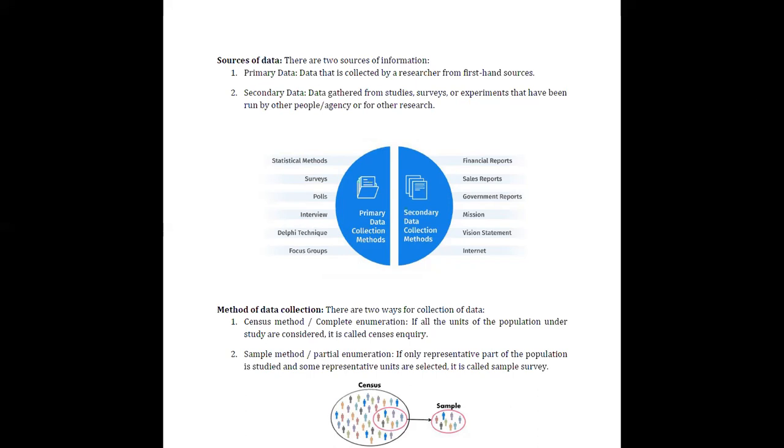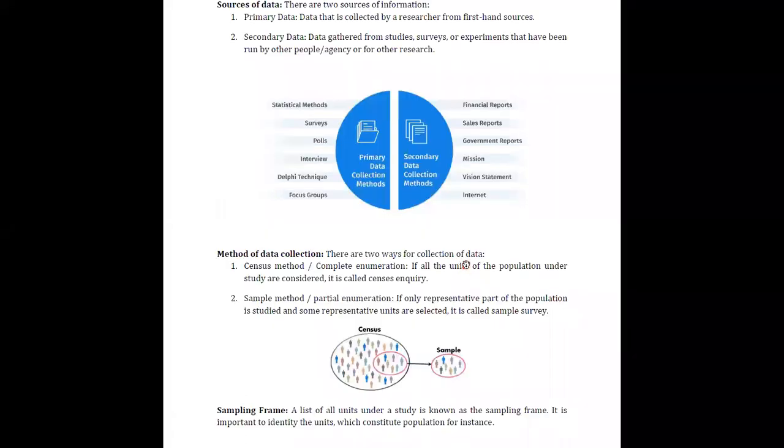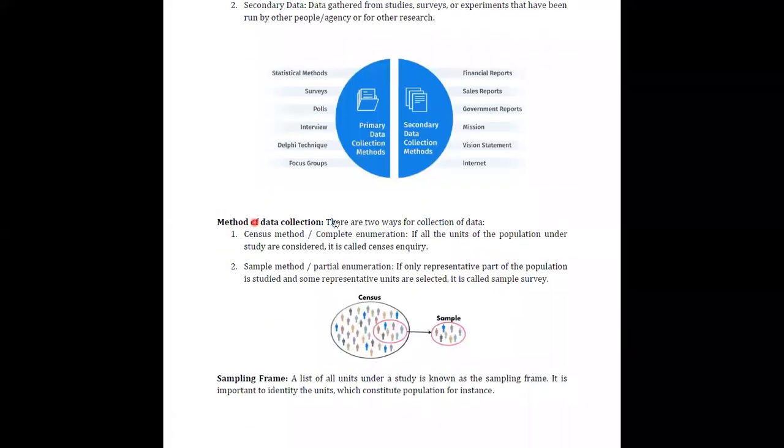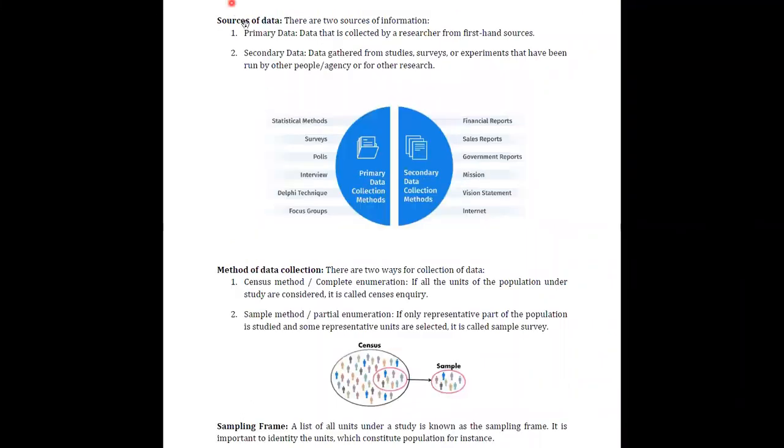Okay, then if you move to the next objective or element, it is the method of data collection. Here we have identified the sources of data, which we have divided into two categories as primary and secondary data. And here we will consider the method of data collection.